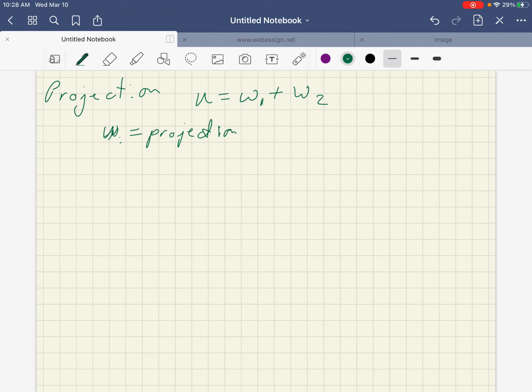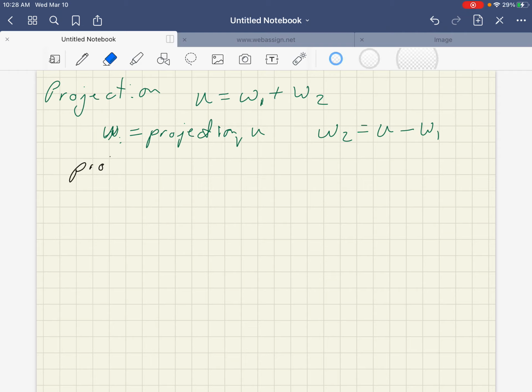And we'll say that your w sub 1 is the projection of u onto v. And then vector w sub 2 has to just be the difference. So it is your u minus your w sub 1. So it's whatever's left over.